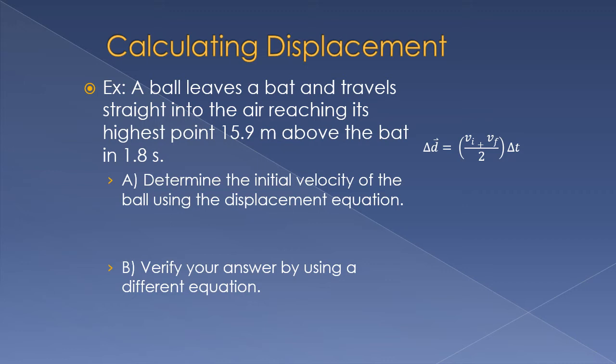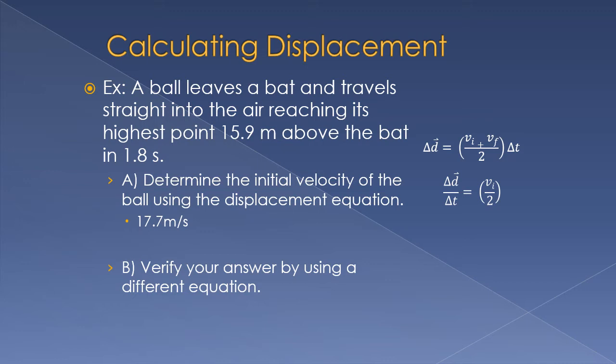Okay, so hopefully we are able to actually get this answer of 17.7 meters per second. And so determine the initial velocity of the ball. How do we actually do that? Well, we need to rearrange our formula. We have all this information, but let's rearrange it. Right away you can see I jumped.